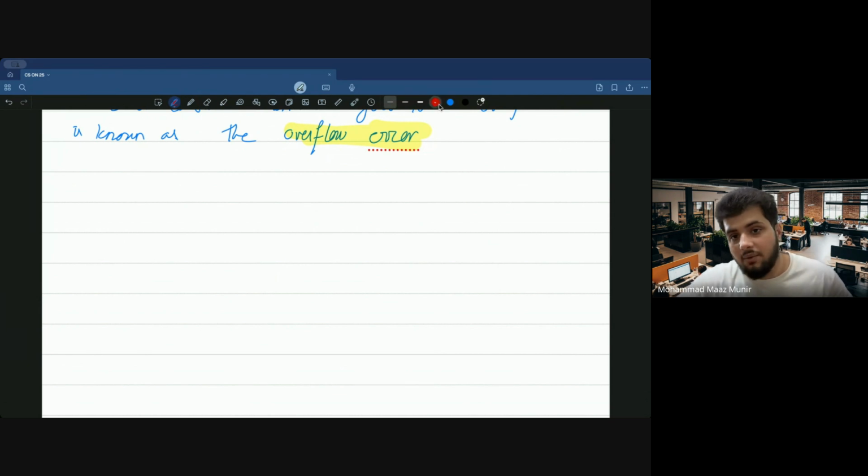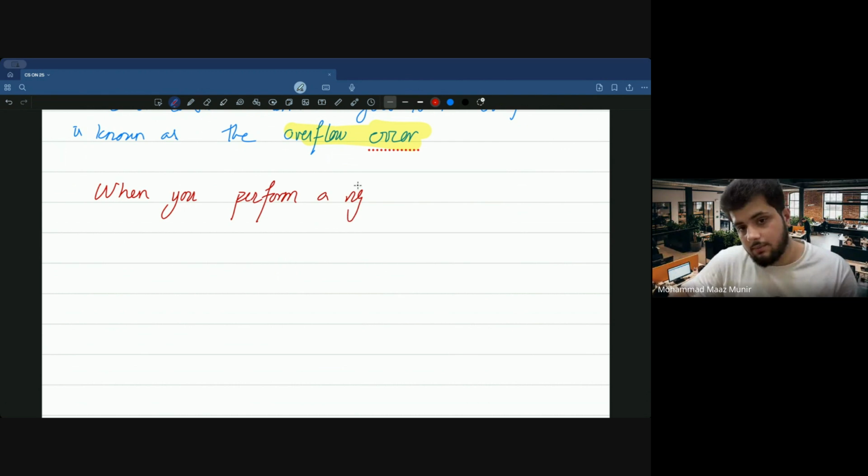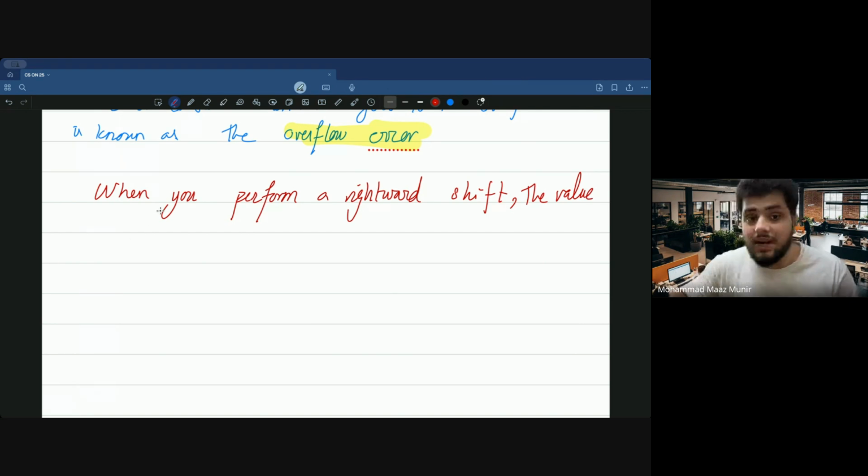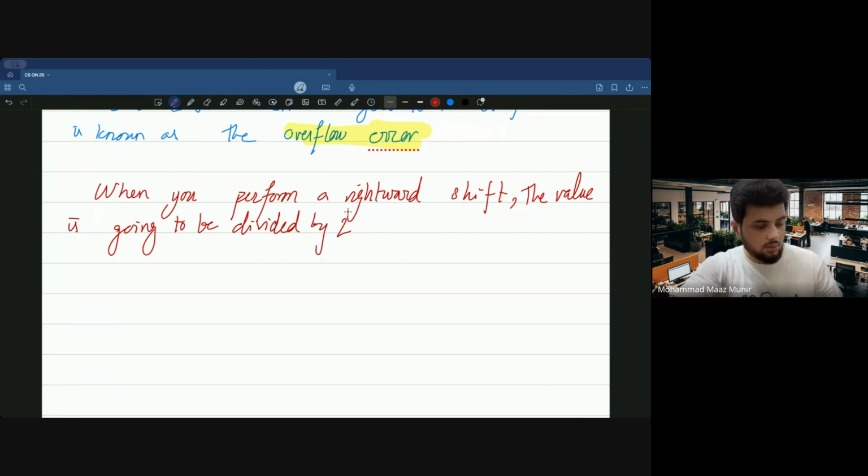So the power which the right shift basically has is that when you perform a rightward shift, the value is going to get divided by 2.